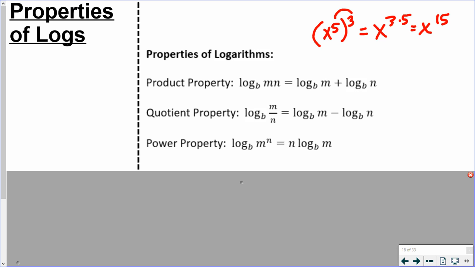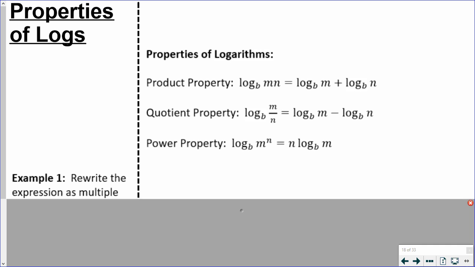So what this is saying is that you have some number raised to a power. That is this situation where we multiplied. So you would put that exponent in front of this, because that would be that exponent times this exponent, because log base b of m represents an exponent. So that's where these are coming from. They're basically the reverse of all of the exponent properties that we had.